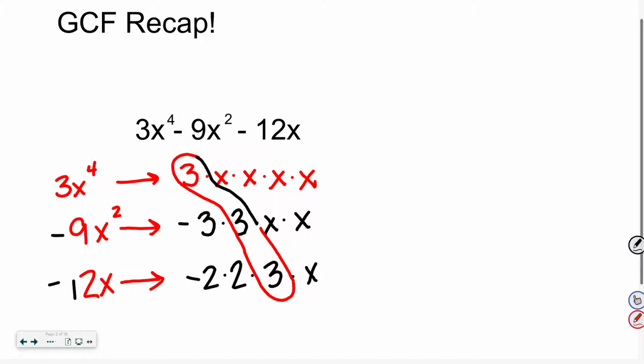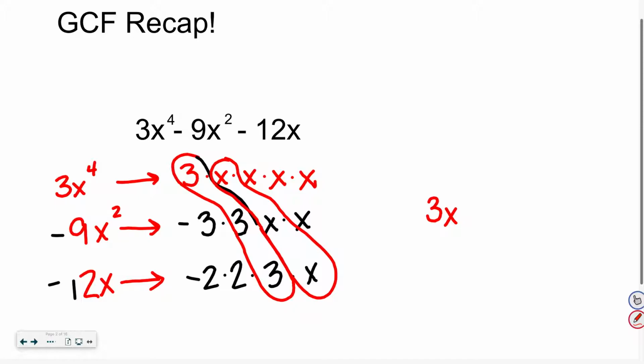And what else do they all share? X. They all share this. Do they share anything else? No. So what is the greatest common factor for this polynomial? 3x. Which means I can successfully factor out 3x from each term here.